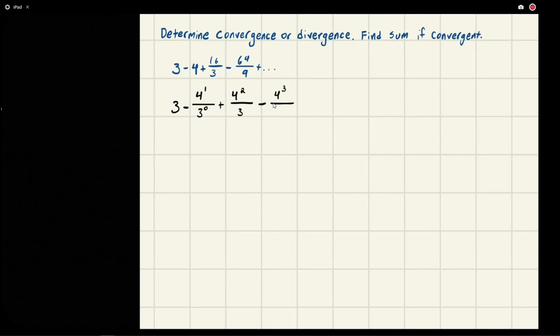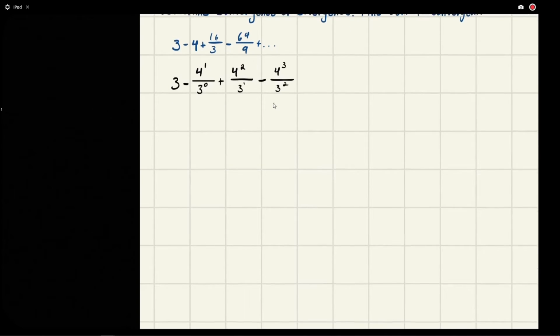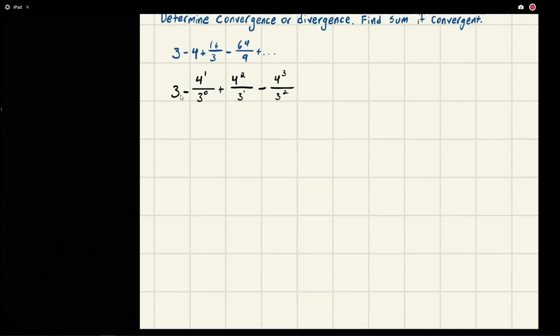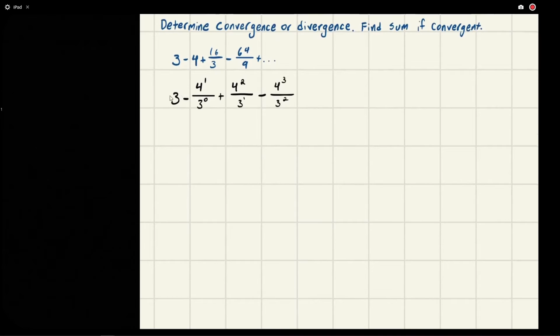Then we've got 3 to the first, and 9 is 3 squared. The only oddball thing we've still got left is this 3. It would make sense that this would be 3 because 4 would become 4 to the 0 here, and 3 would become 3 to the negative 1, which would become 3.